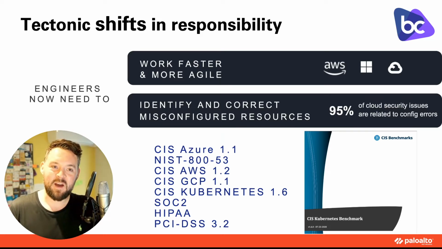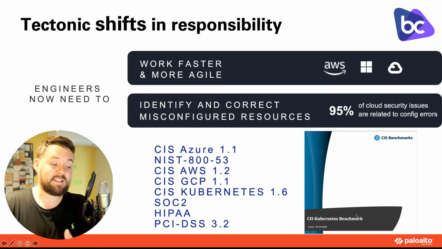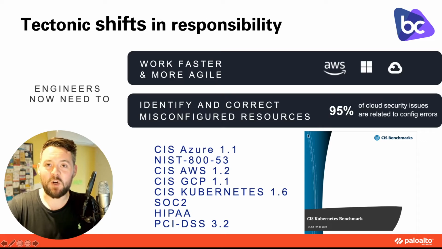And if they do for that one product or topic, they're definitely not going to remember it for all of the CIS benchmarks for Kubernetes and all of the CIS benchmarks for AWS, etc., on top of other requirements that your business might have, like PCI DSS for payment card industry security, and things like that.